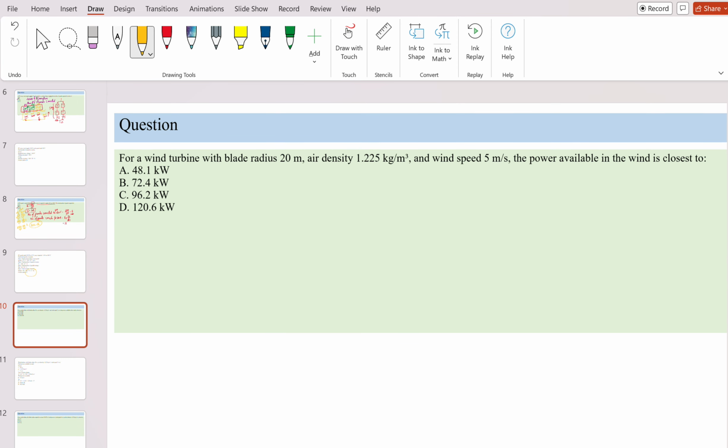This is related to wind, but there is a formula you have to remember in these problems. Try to solve, otherwise I will give the solution for this.